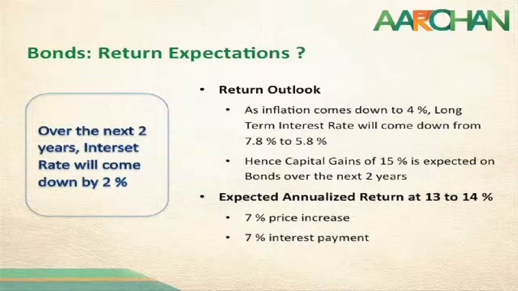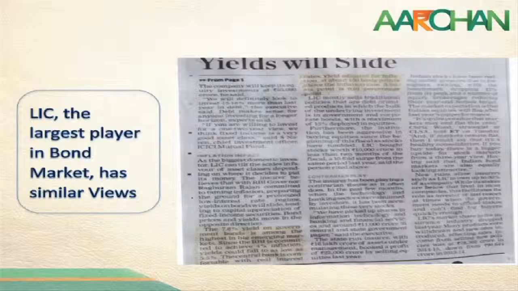So if you see bond returns, the expected annualized return will be about 13 to 14%: 7% because of capital appreciation, and 7% because of coupon rate. So that's a very good expectation which we have, and not only us. I think the biggest bond investor, LIC, has similar views, as you will see in this newspaper.